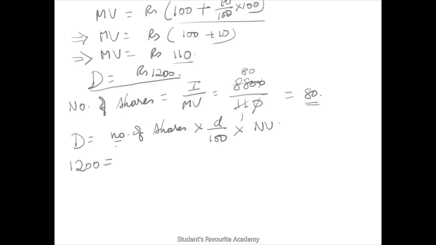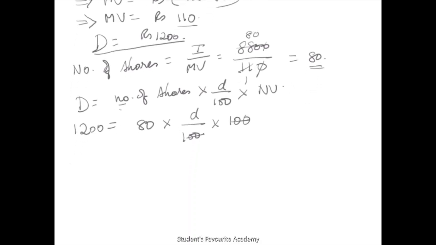Number of shares we know, 80 into d%, dividend percent we don't know. Nominal value we know it is 100. So 0 0 cancels. So 1200 is equal to 80 into d, which implies 1200 upon 80 is equal to d.